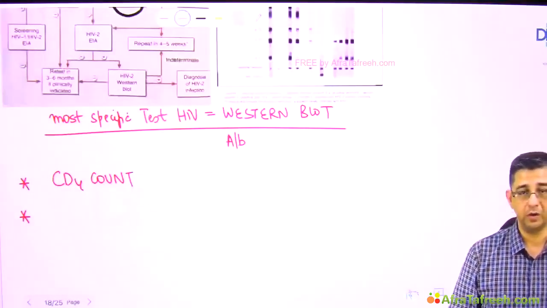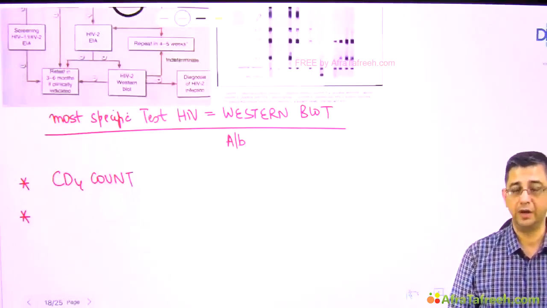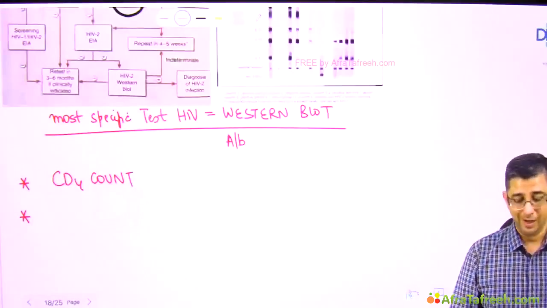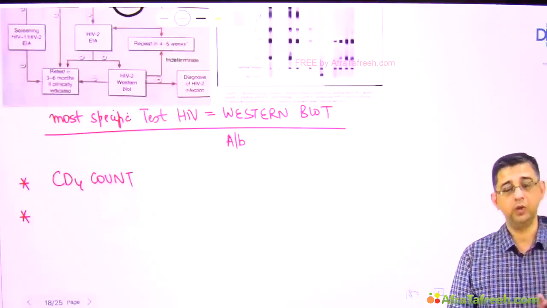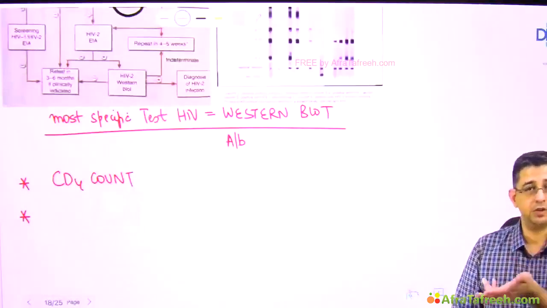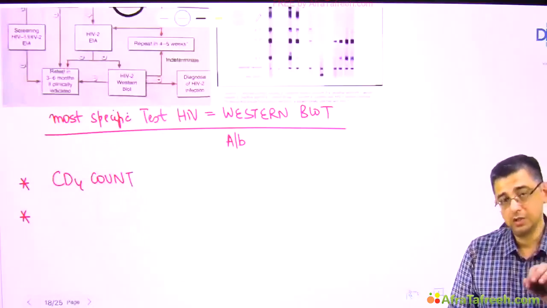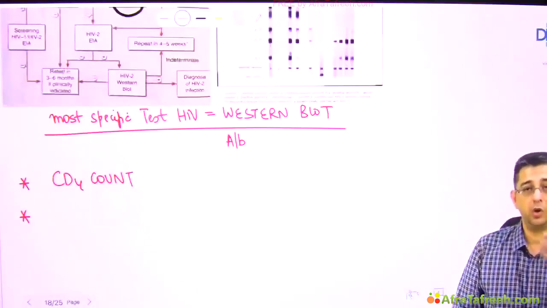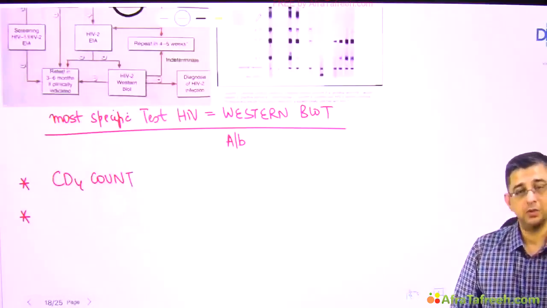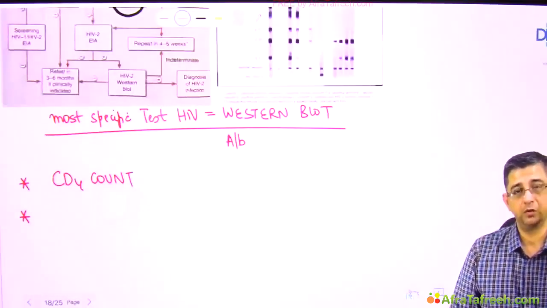There's no cutoff according to the NACO guidelines currently, and that is also what UNAIDS and international organizations are saying: why do you want to let the patient suffer? You see, the CD4 count will decrease, then opportunistic infections will occur, and there is common sense to it, because when opportunistic infections occur in an individual, the cost of treating them is much more than the money you will spend in providing combination antiretroviral therapy before he actually suffers from the disease.